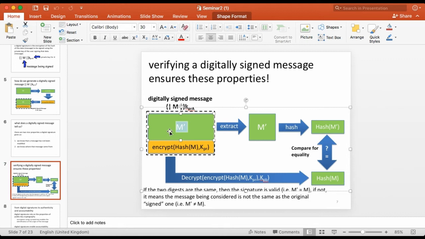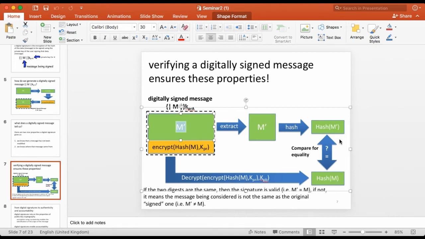Okay, so we've basically received M. Although we tend to call it here M prime because we want to allow for the possibility that that message is actually modified, in which case that will lead to us breaking this equality.